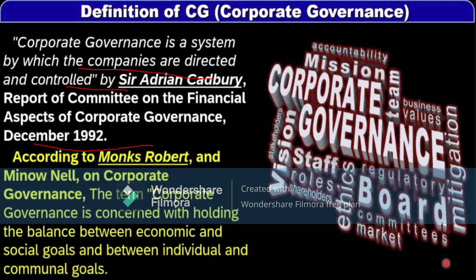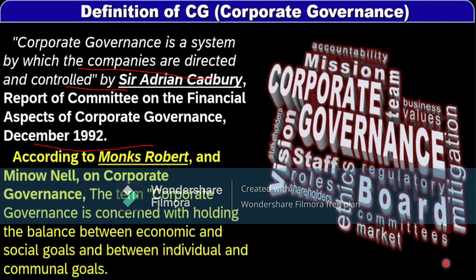Another definition is given by Monks, Robert and Minow, on corporate governance. The term corporate governance is concerned with holding the balance between economic and social goals and between individual and communal goals.